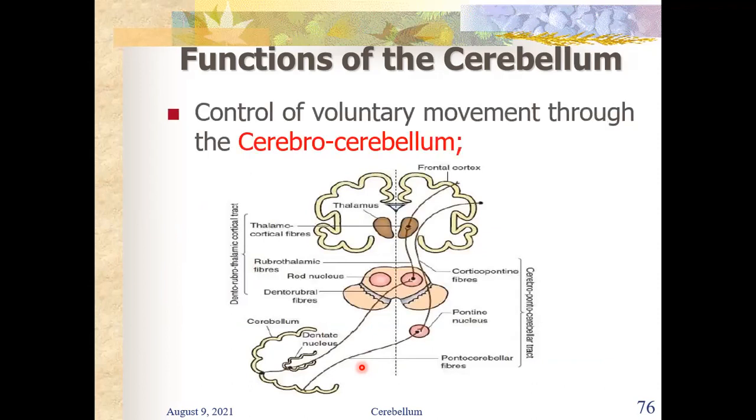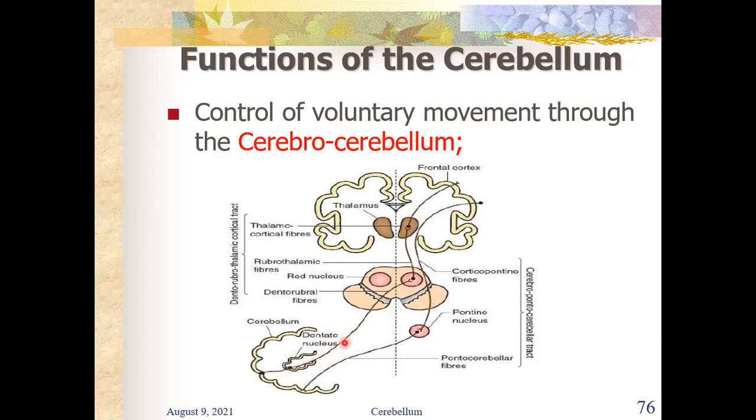In this diagram, you can see the flow of impulses into and out of the cerebellum and the motor cortex. You can see the dentate nucleus here being the effector nucleus.